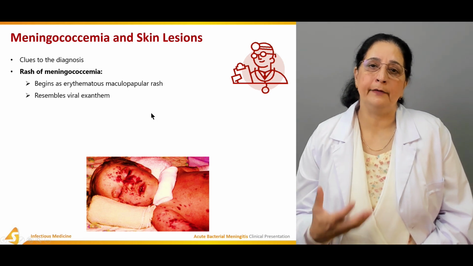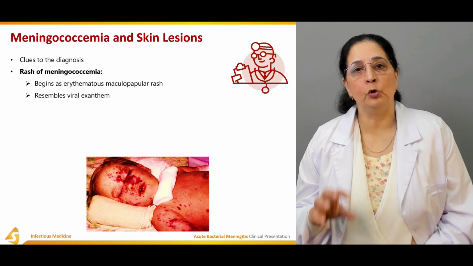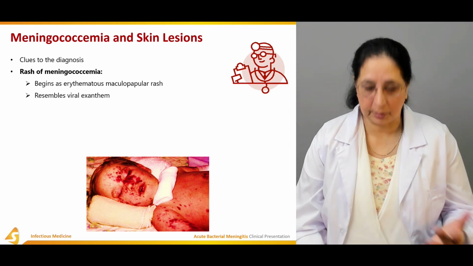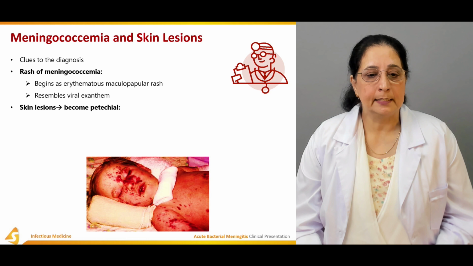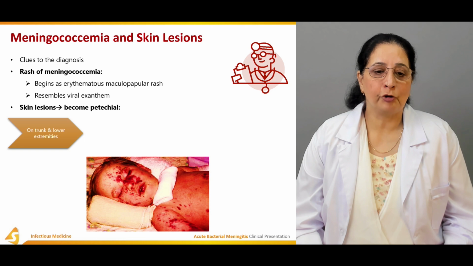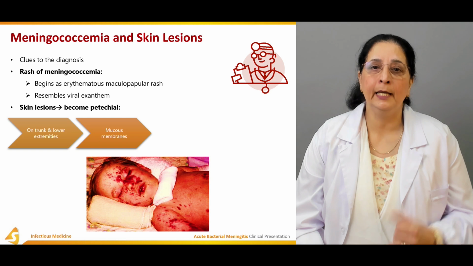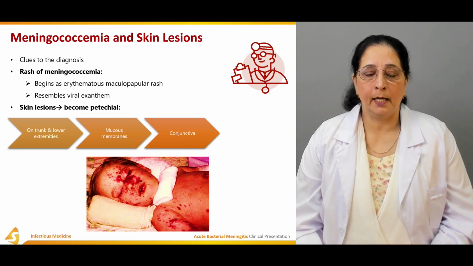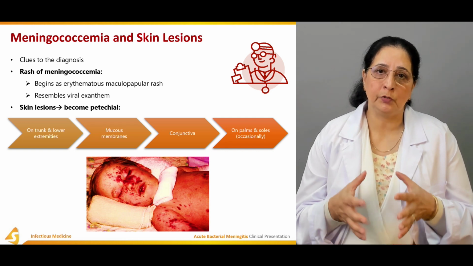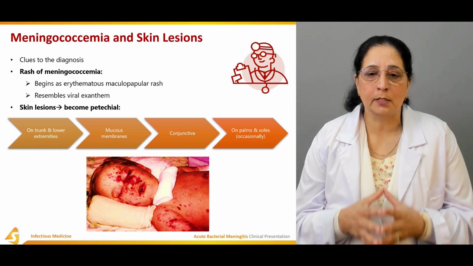A lot of viral infections like measles and chickenpox have a maculopapular rash, so it resembles the rash of those viral infections. Skin lesions then become petechiae on the trunk, on the chest, and the lower extremities. They are common in the mucous membranes, in the conjunctiva, and also on the palms and the soles. So these are the characteristic skin lesions of meningococcemia.